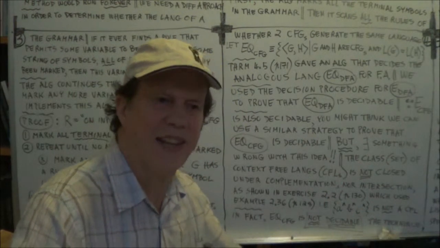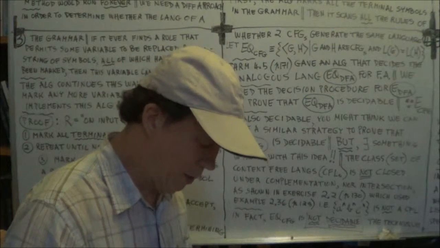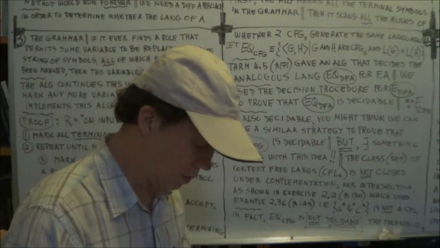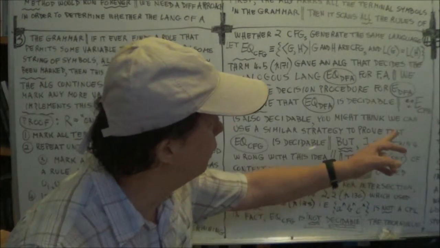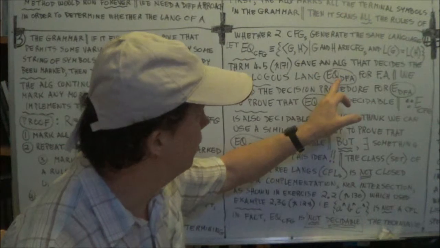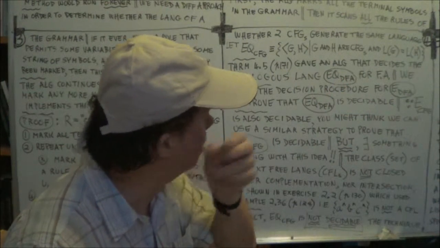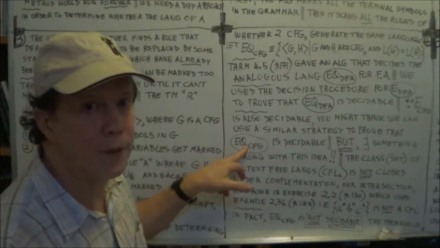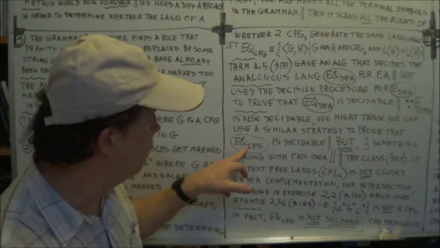But they're still just languages. So how about using the symmetric difference idea that you used for proving the DFA case for this one? That's the idea, and I hope you follow that.